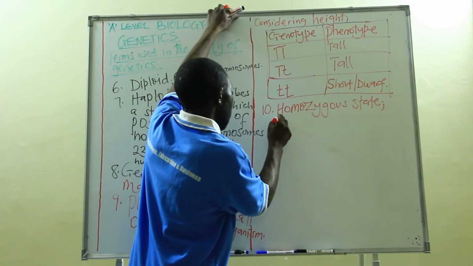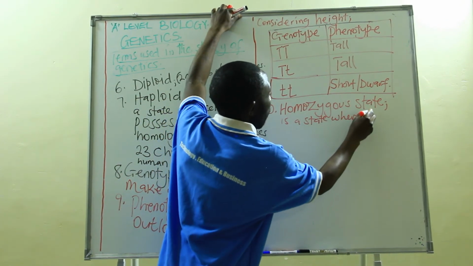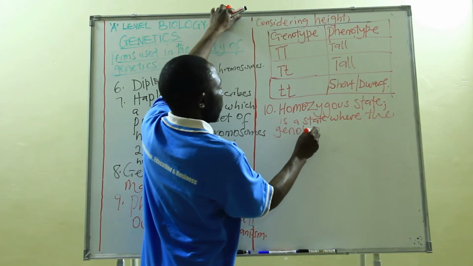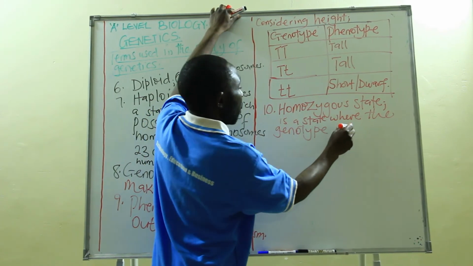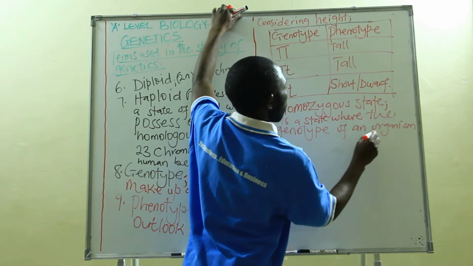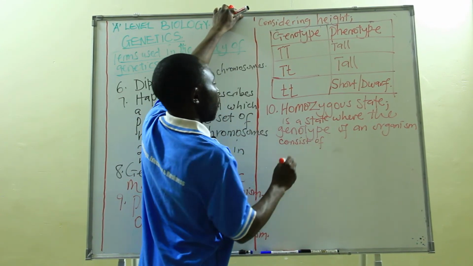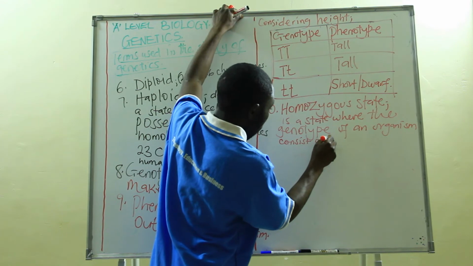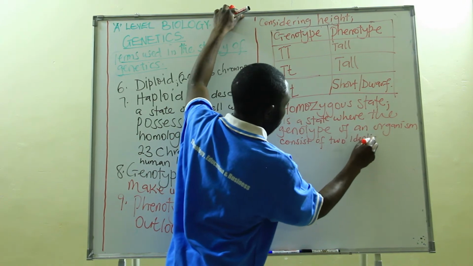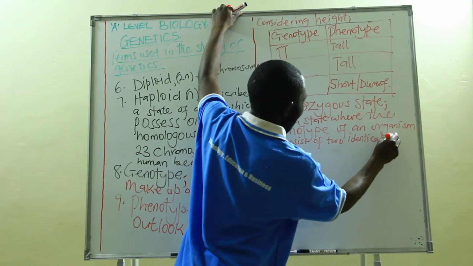Saying it is a state where the genotype of an organism consists of two identical alleles.